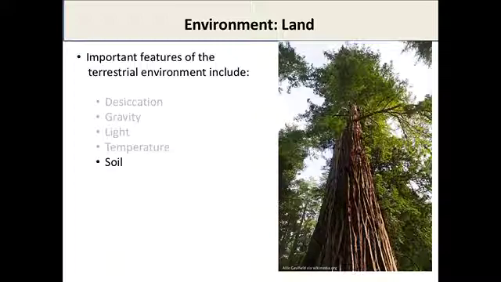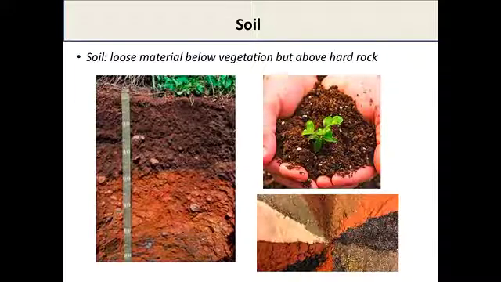So the final thing I want to talk about in this particular component is soil. And soil is essential. It's one of the key determinants of life on Earth, of what type of plants can grow in an area.